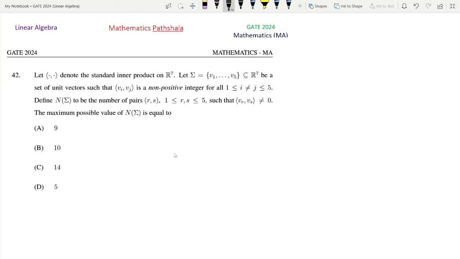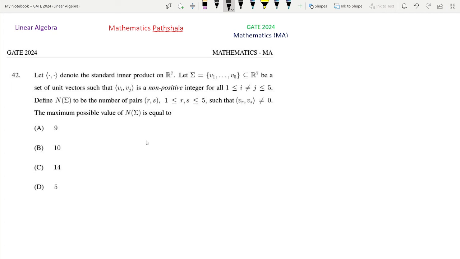Actually, for this question the answer key gives option A, that is 9. So the answer key says that the maximum possible value of n sigma is 9. But actually this is not the correct option here. In fact, none of A, B, C, D is correct, and we now show this by an example.